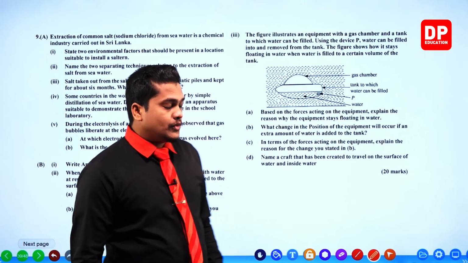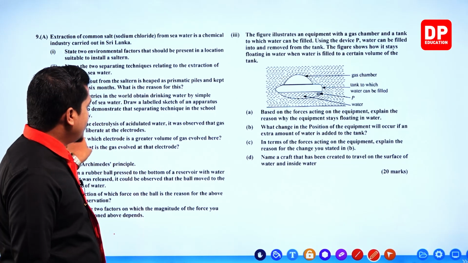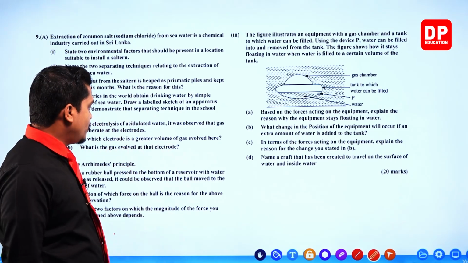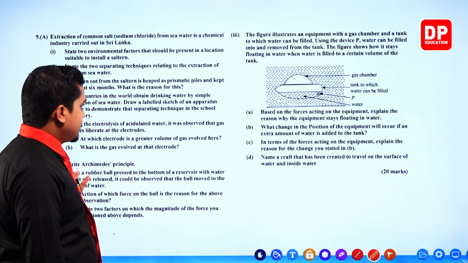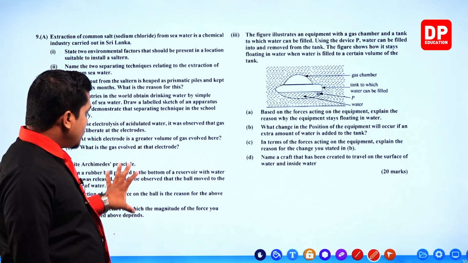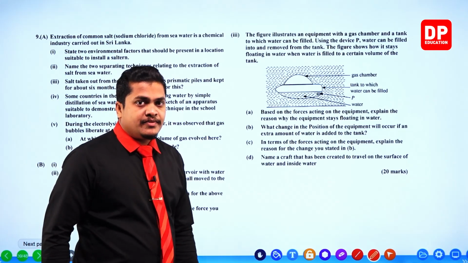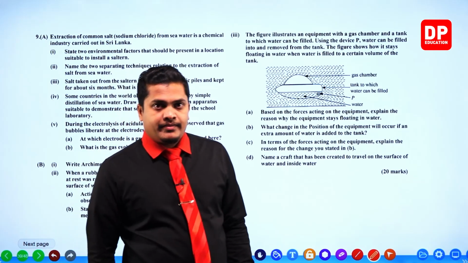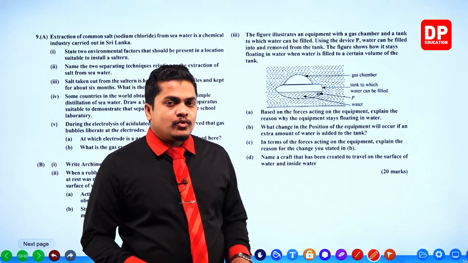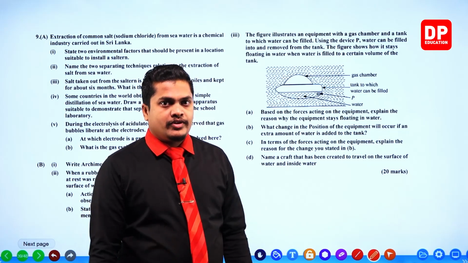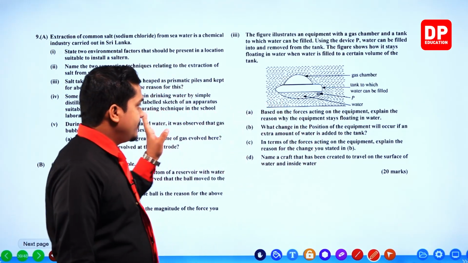After that, it asks about the electrolysis of acidulated water. Then in part B, it asks about the Archimedes principle, which is related to hydrostatic pressure in grade 10. So this final question is related to physics and chemistry parts.